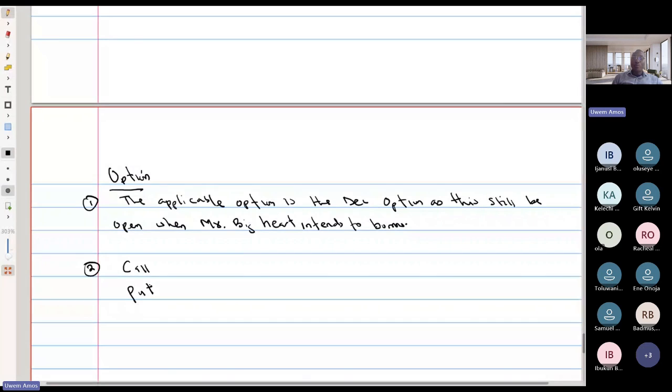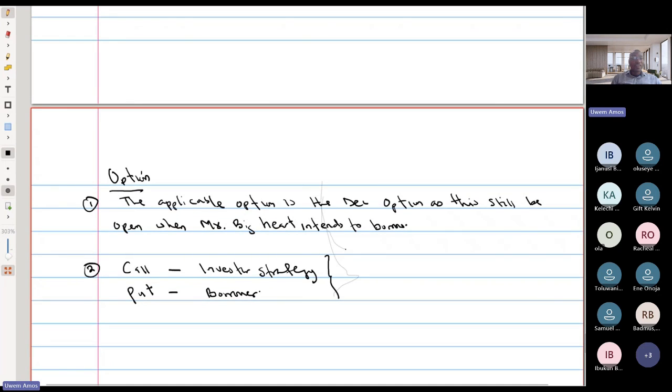Now, the call option is the strategy that would always be taken by an investor. And a put strategy is the option that would always be taken by a borrower.